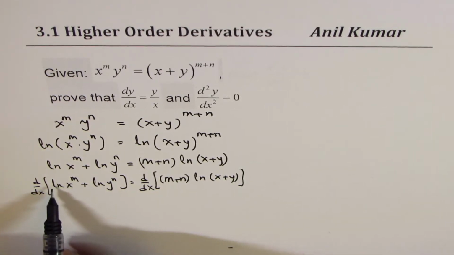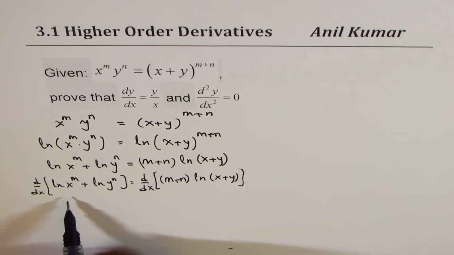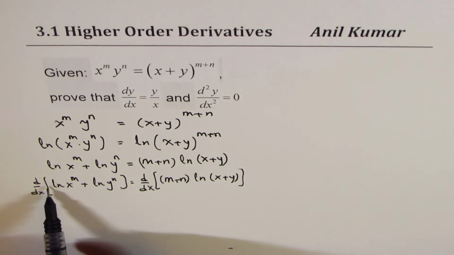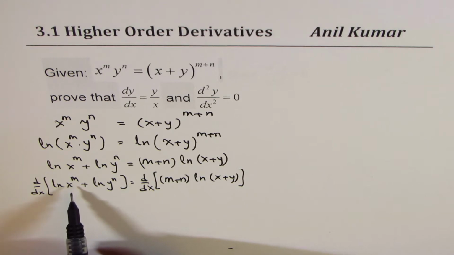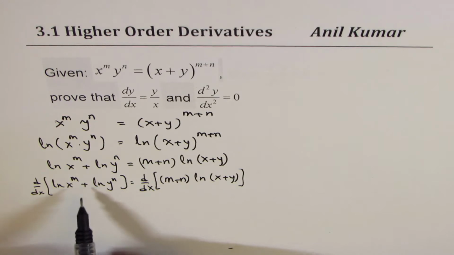Now the derivative of ln x is 1 over x, right? Well, we could write this as m times ln x, where m and n are constants, correct?